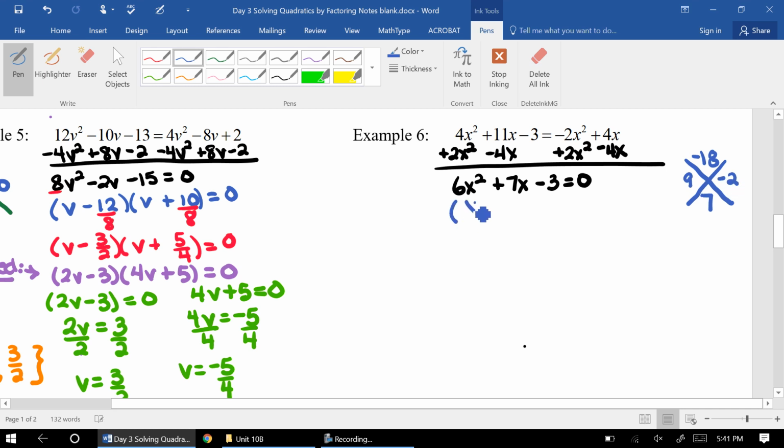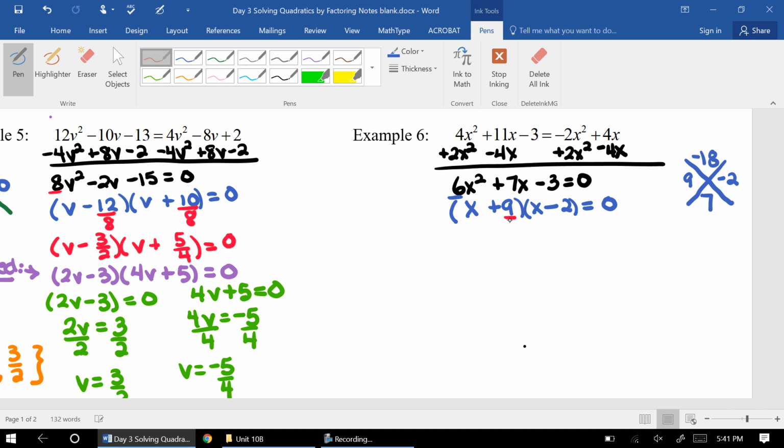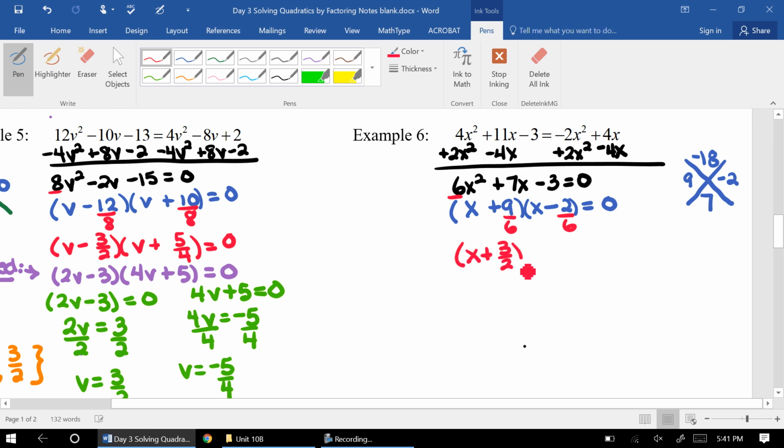As I write my factors, that means x plus 9, x minus 2 equals 0. Again, divide by a and reduce. So that gives me 3 over 2 and 1/3.